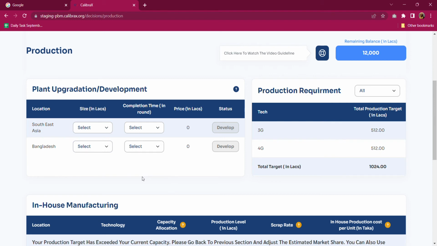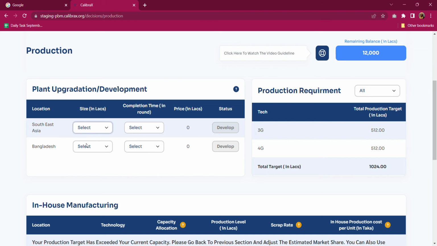However, Africa will be made available as the next new place to have a plant in one of the upcoming rounds of this simulation. The cost of building a new plant depends on how quickly a team wants to establish it, the region in which they want to build it, and to what extent they would like the production capacity of the new plant to be.